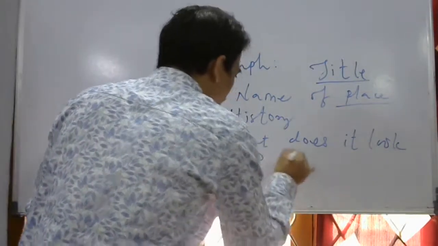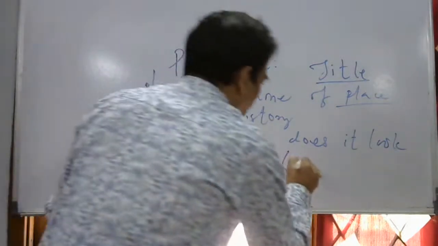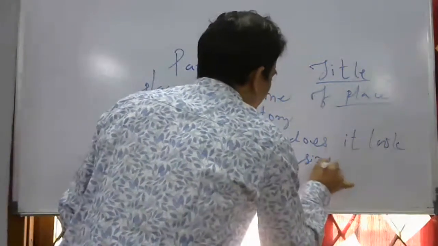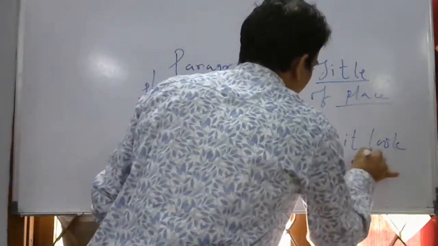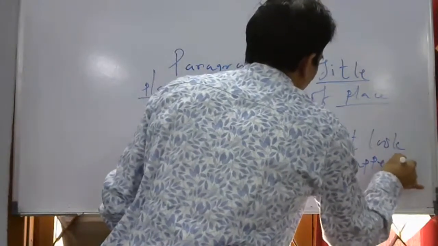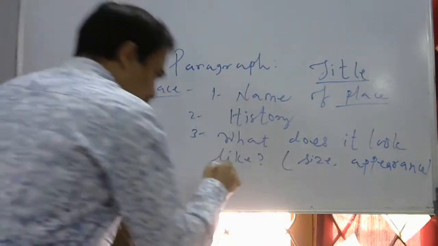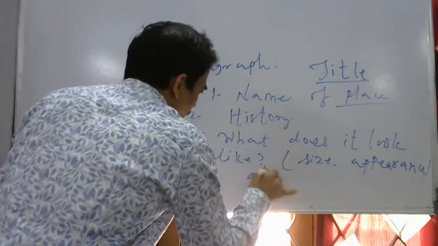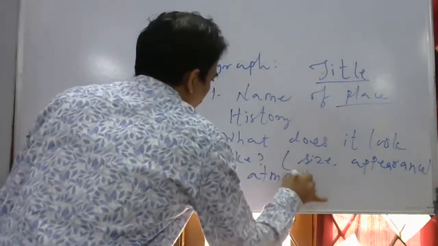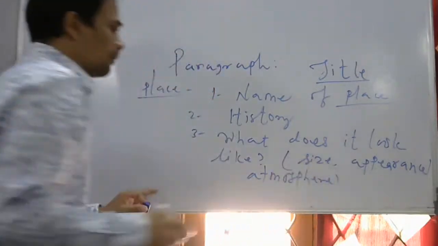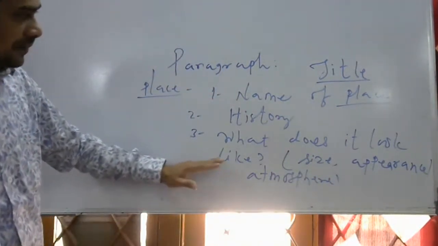If you don't know, then you just jot it down. You have to mention the size, appearance, then atmosphere. You have to identify all these things.